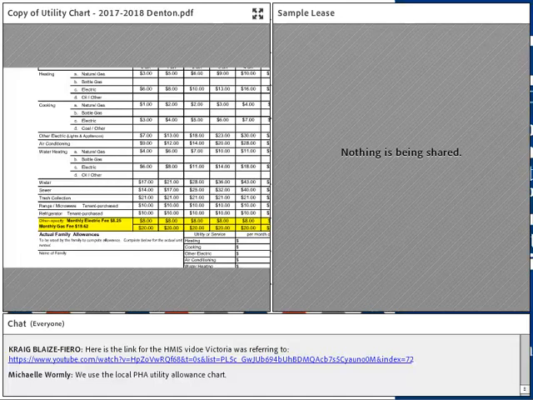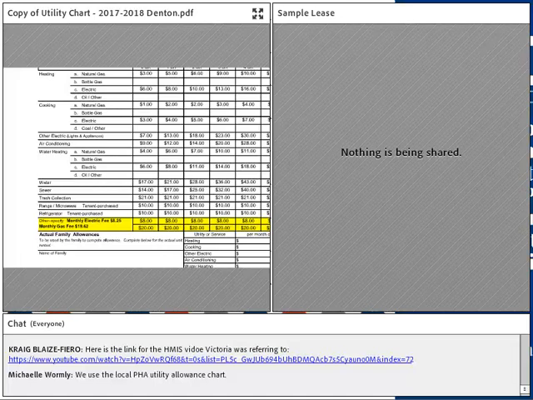The other thing that I see sometimes whenever I'm reviewing people's completed utility schedules is folks getting credit for microwaves and refrigerators. So if your participant rented a unit that came with a stove, they do not get a $10 credit for installing a microwave in the unit.